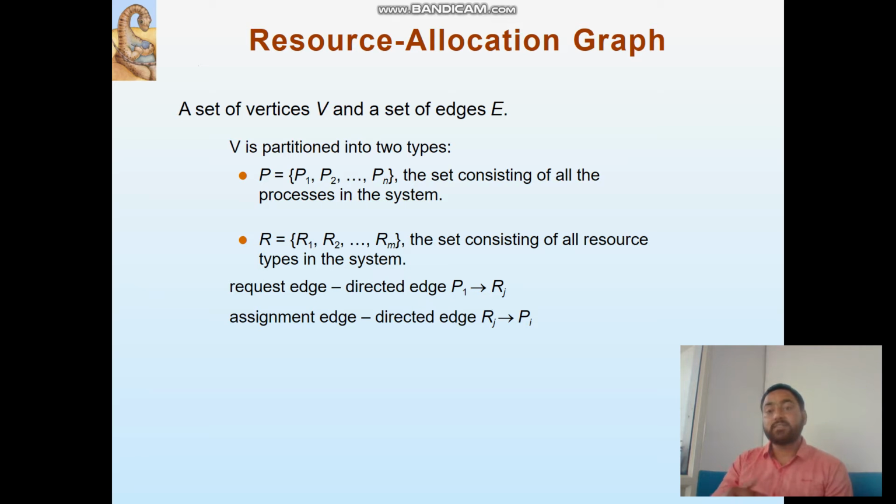A request edge is a directed edge from a process requesting a particular resource to the requested resource. And an assignment edge is a directed edge which demonstrates that a particular resource is assigned to that particular process which is connected through the edge.